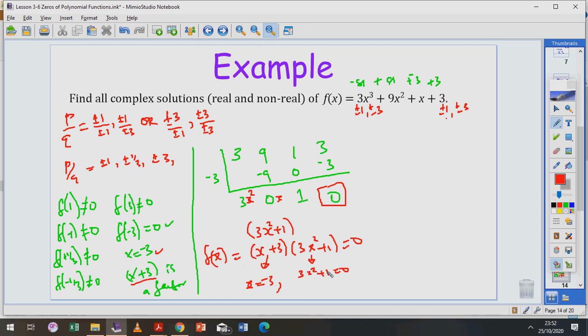The 1 moves over to the other side. 3x squared is equal to negative 1. If I divide by 3, I have x squared equals negative 1 over 3. And if I take the square root, x is plus or minus square root of negative 1 over 3. Remember, square root of negative 1 is i, so x is equal to plus or minus i square root of 1 over 3.